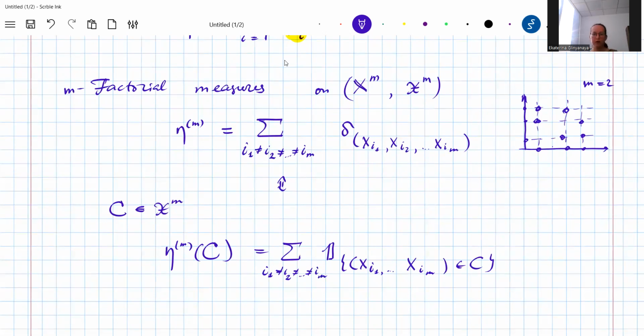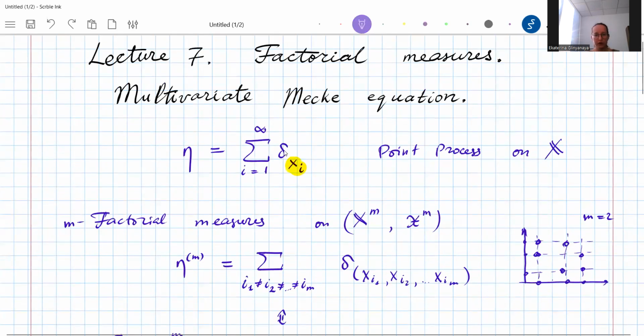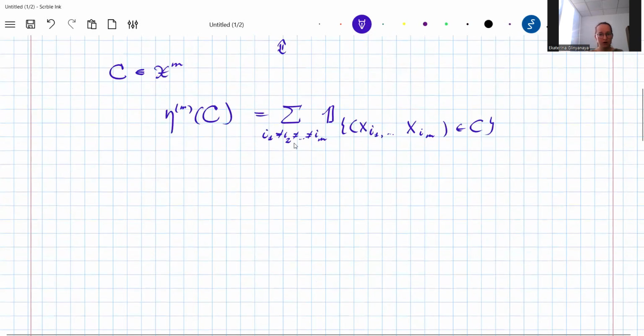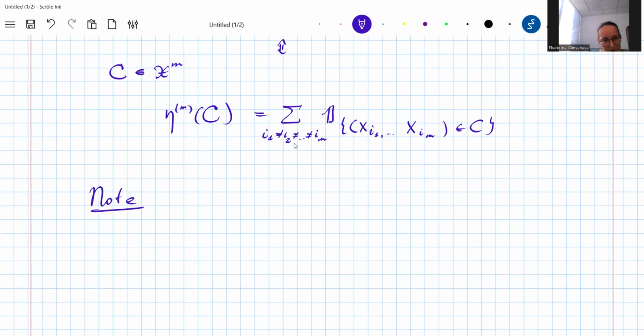Here you should know that if in our initial point process we have fewer points, for example if I have eta of the form of only two summands, delta x1 plus delta x2, then what will be my third factorial power?